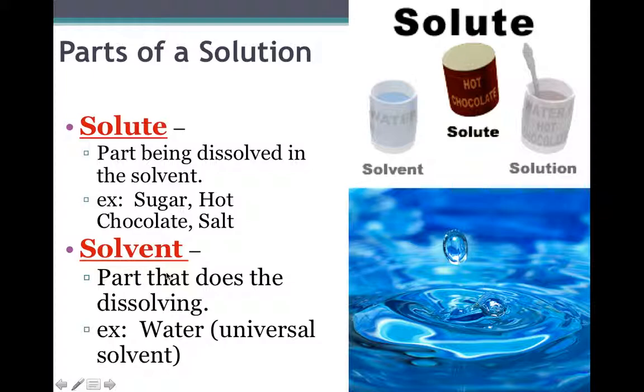Okay, the solvent is the part that does the dissolving, such as the water. But you can have another solution that is not necessarily water. It could be alcohol-based, like your permanent markers. They're alcohol-based, okay? Let's say you go somewhere and they put an X on your hand to mark that you've gone in there.